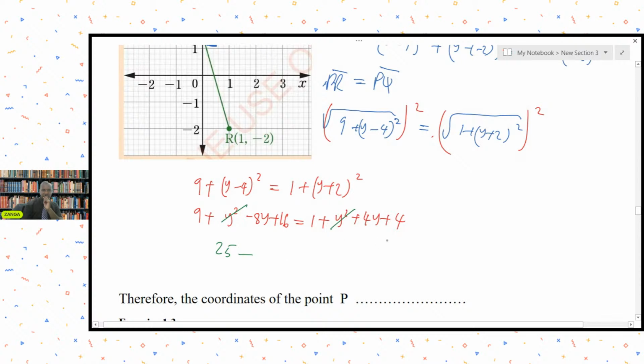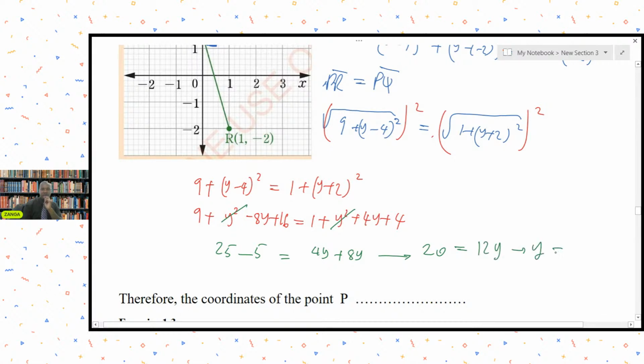25 minus 1 plus 4, so minus 5. This is going to be equal to 4y plus 8y. So when you simplify further, you'll be having 20 equals 12y.